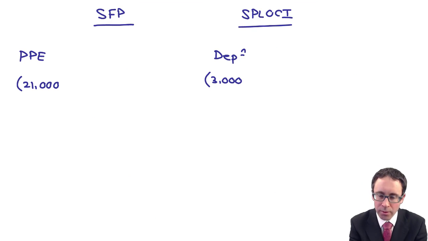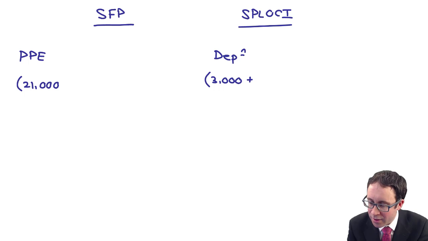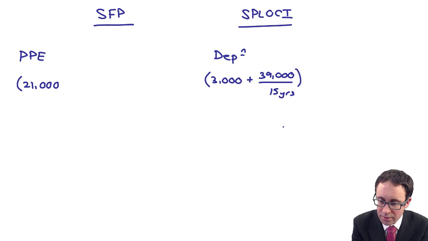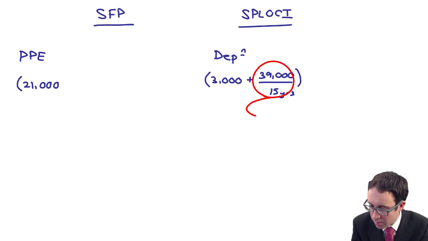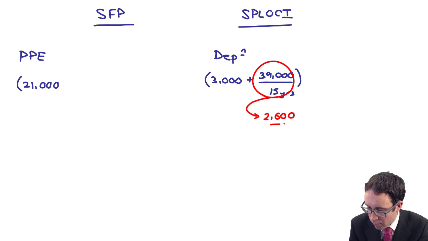Well, hang on a moment. What we can do here is take that fair value of 39,000 and divide it by the 15 years. If you do that on your calculator, that comes down to 2,600.